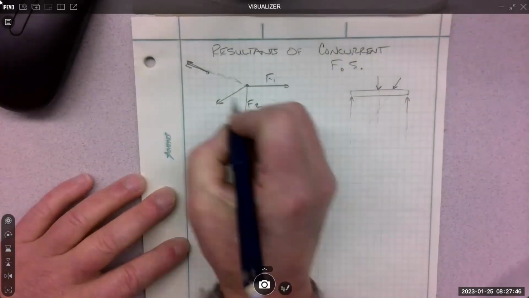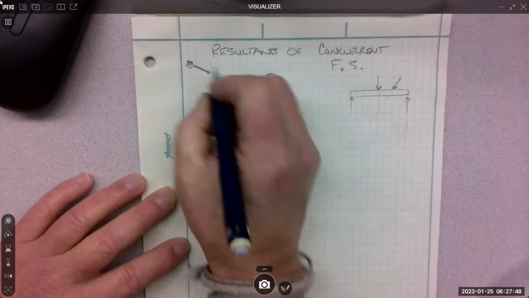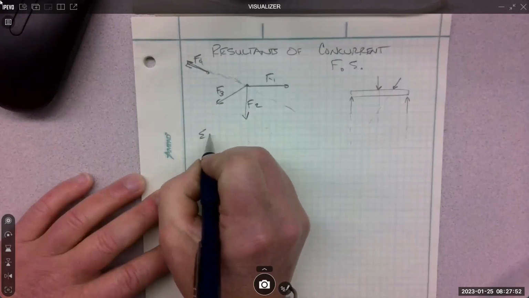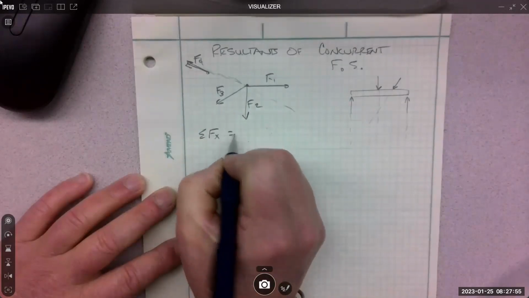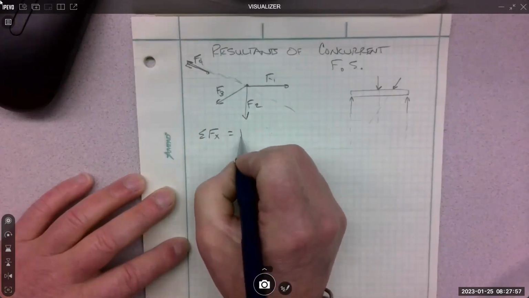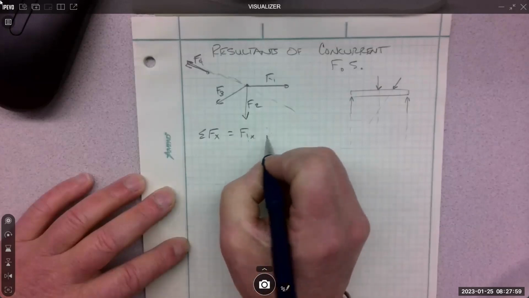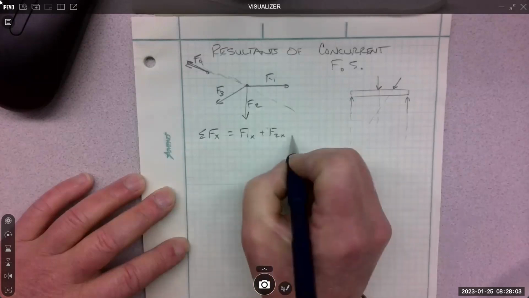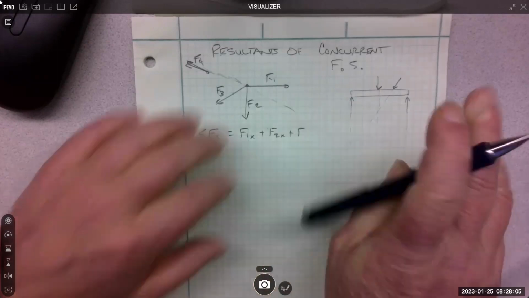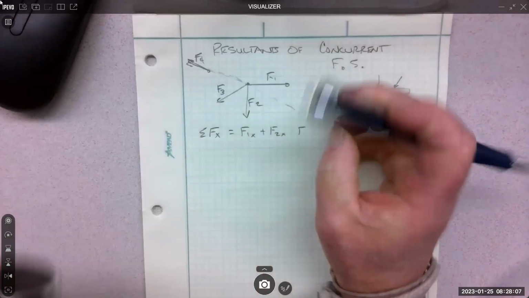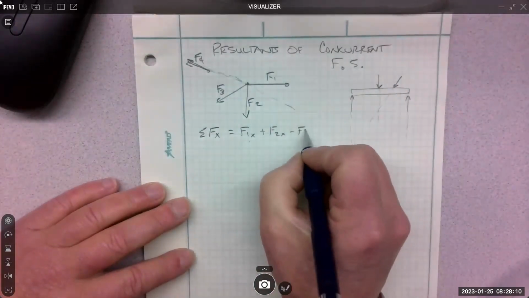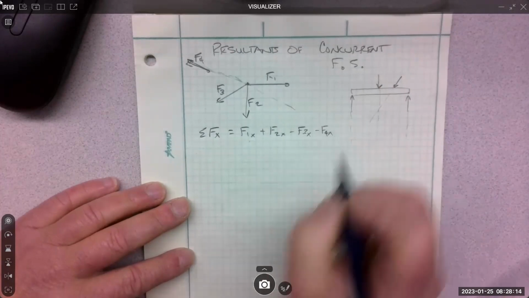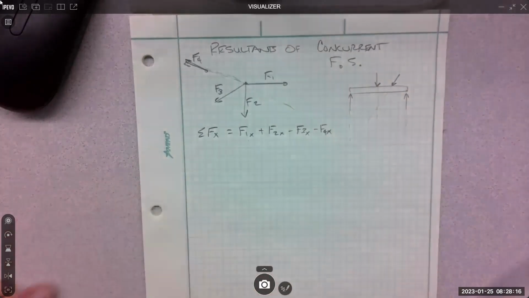With F1, F2, F3, F4, we're going to end up with the summation of the forces in the X, and that's going to be F1X plus F2X, actually minus F3X minus F4X. Did I get those right?